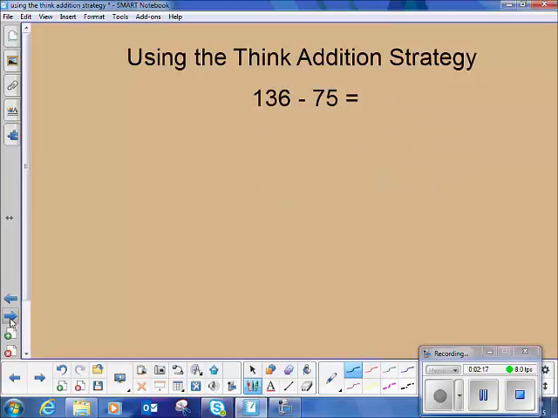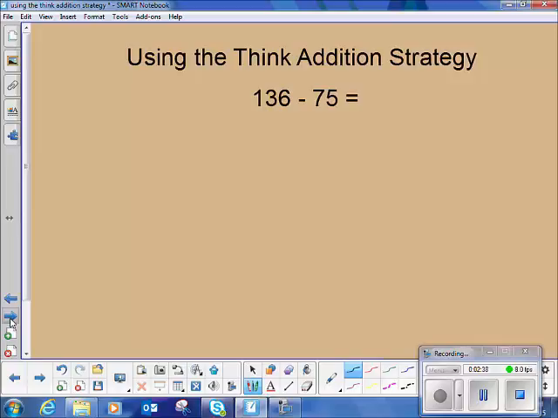Now we're going to look at a larger number, a 3-digit minus a 2-digit. And we're still trying to find the difference, and we're going to use the think addition strategy for 136 minus 75. And this time I'm going to use the written method or the recording method of the arrow method.